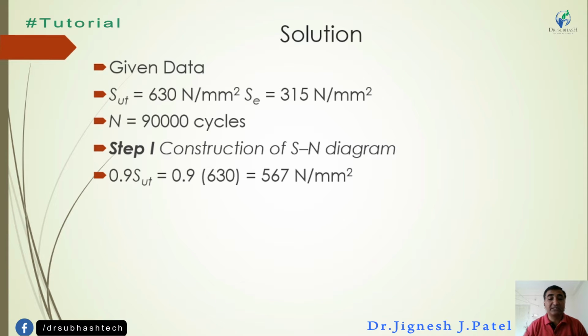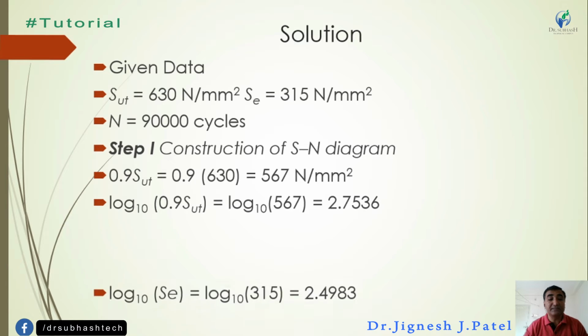The value of SUT is given as 630, so 0.9 into 630 is equal to 567 Newton per mm square. Now find the log base 10 of 0.9 SUT. So log 567, this value is 2.7536.